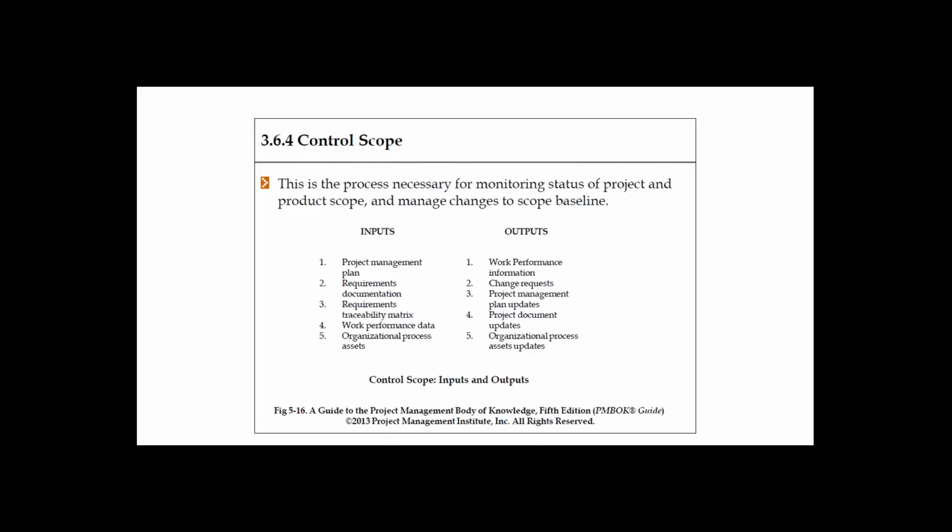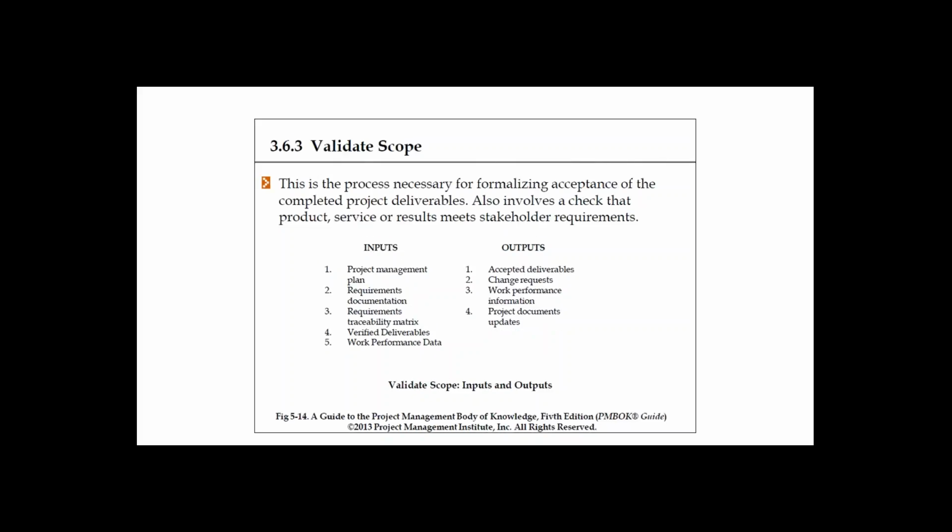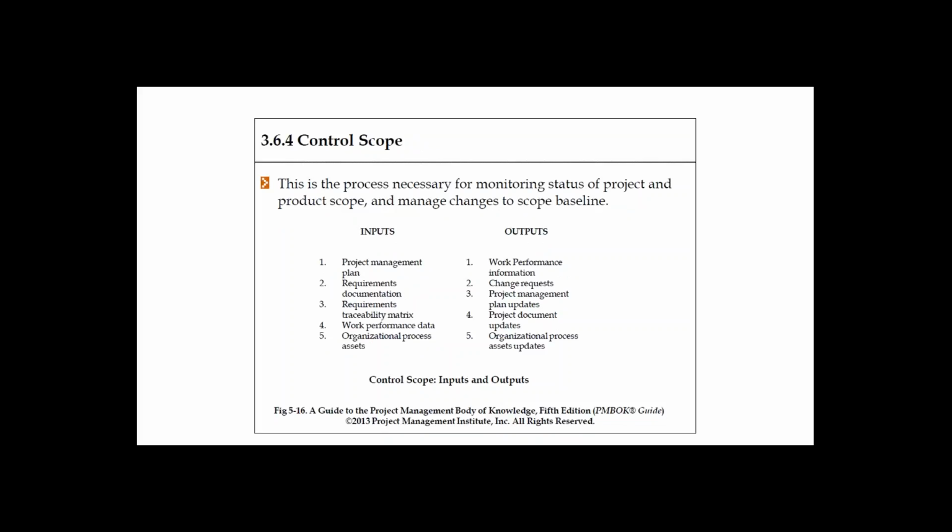Control scope. Here you have validated the scope, and here you are controlling the scope. This is a process necessary for monitoring status of a project and product scope and managing changes to the scope baseline.